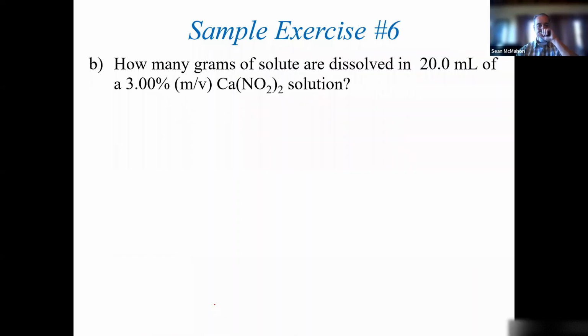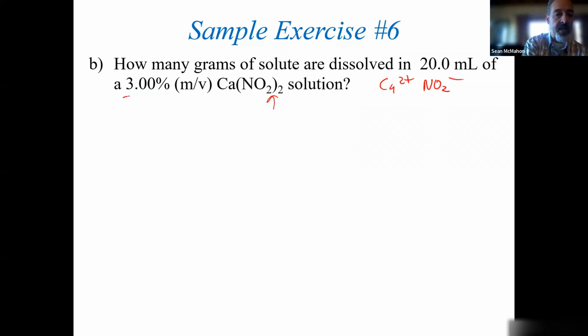So last but not least, how many grams of solute are dissolved in 20 mils of a 3% mass to volume calcium nitrite solution? That's nitrite, not nitrate, because it's not NO3, it's NO2, right? The reason why there's 2 is calcium's a 2+, nitrite's 1-.